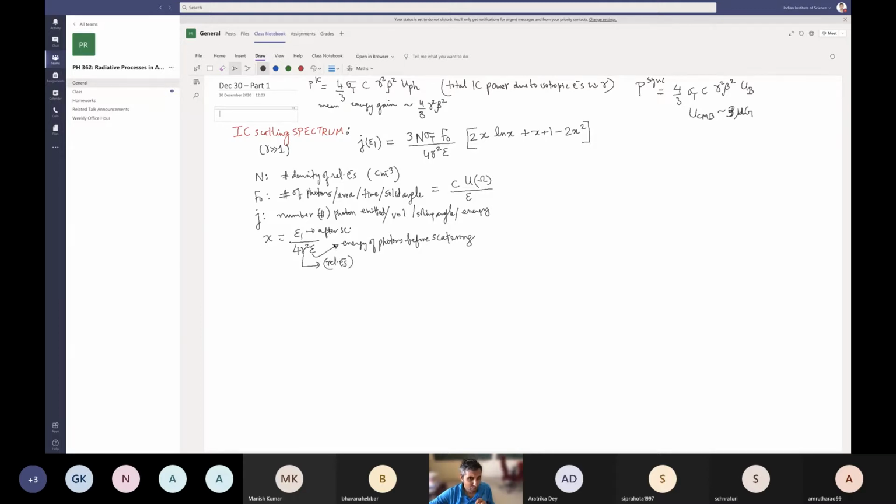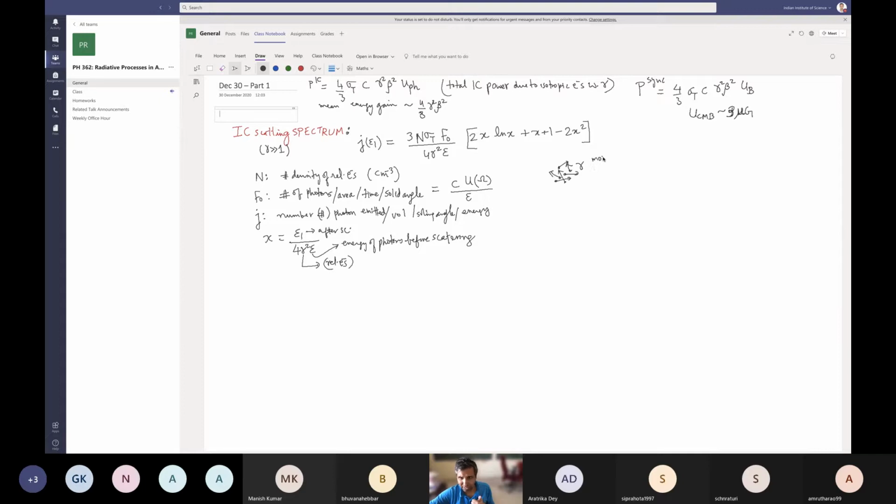We are assuming a single gamma, so the setup is something like this. You have electrons, randomly distributed, but their random gamma is the same.